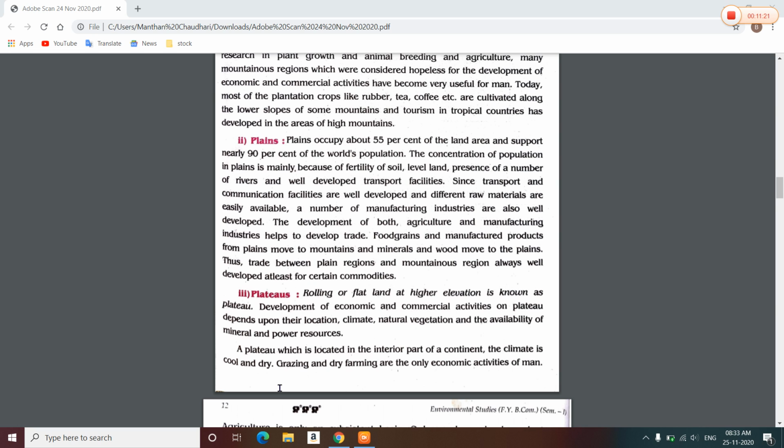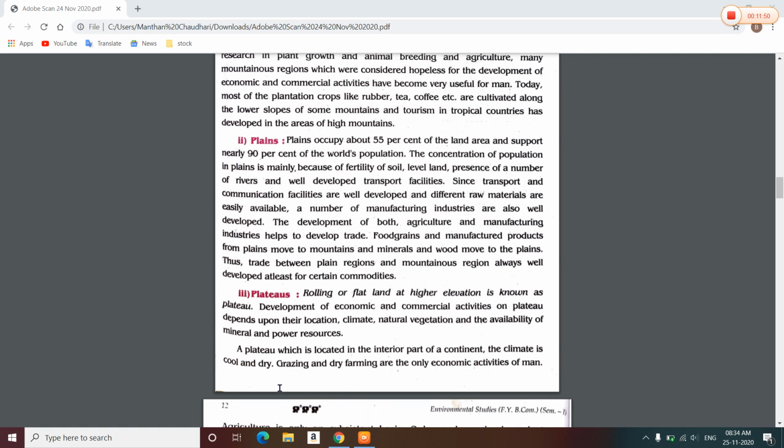Of course, 90% of the world's population is living on the plain areas. The concentration of population on the plain areas is mainly because of productive soils. Plain areas have fertile soils, level land, presence of a number of rivers and well developed transport facilities.